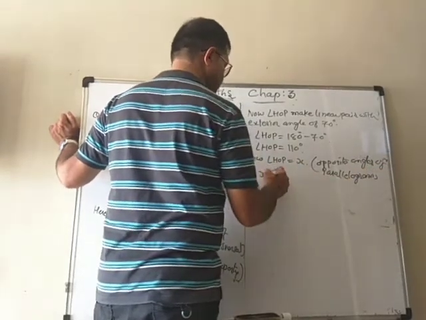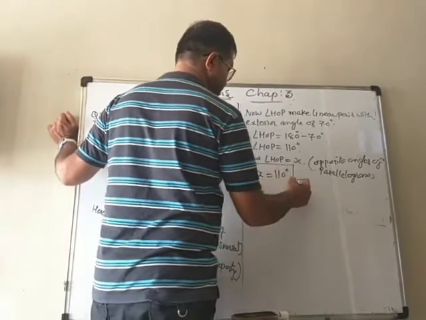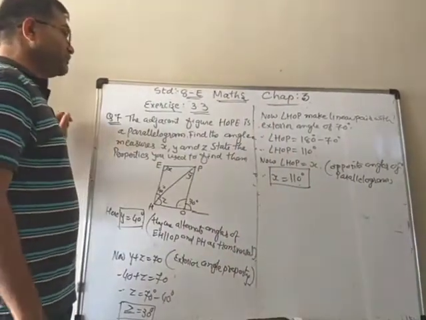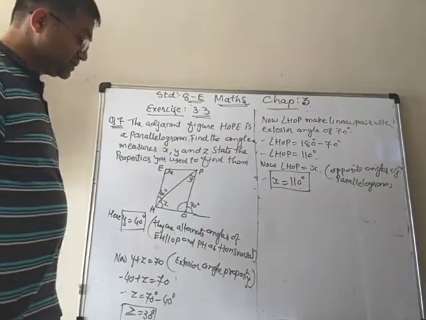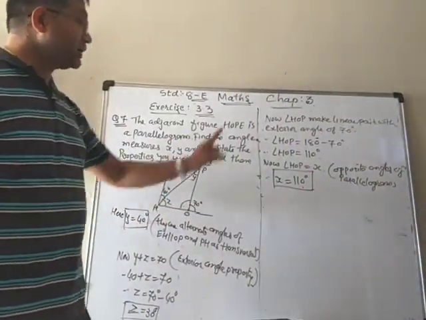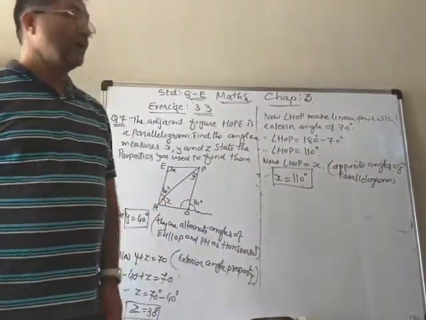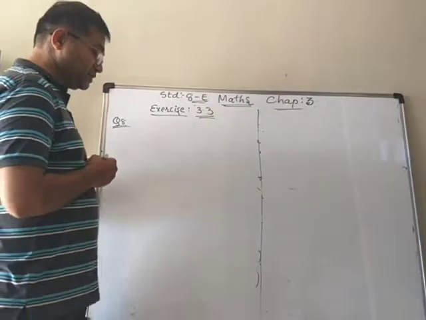Therefore, X can be also 110 degree. So we find all the values of X, Y and Z, and also we write down wherever we find the different properties also.